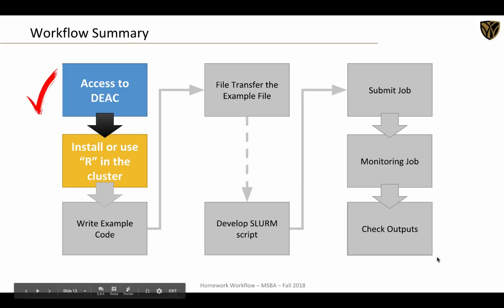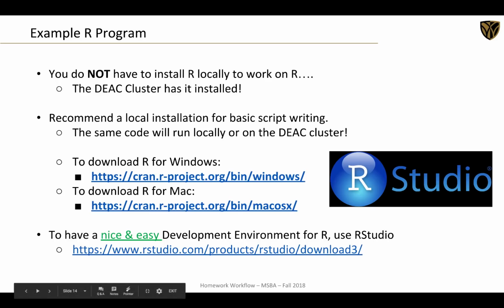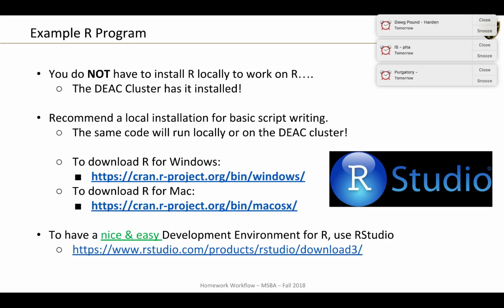With a successful terminal connection now established, let's next look at how to use R. To use R on the DEAC cluster, you do not need to have it installed locally to your computer. And that's because the DEAC cluster already has it installed. The HPC team does recommend, however, that you have R installed locally for basic script writing.